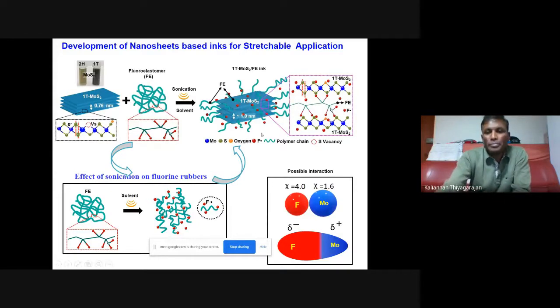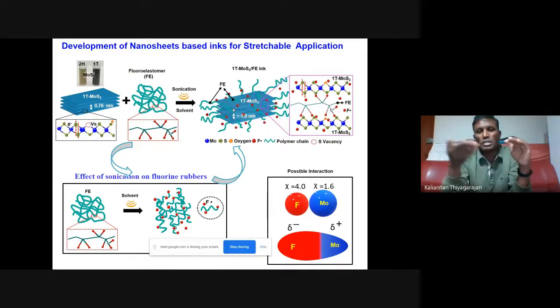Another thing is that the sonication is breaking down the polymer, and some of the fluorine rubber will come out of the surface of the polymer, and then that will be intercalated inside. It is like a notebook: you are just putting your hand inside the notebook in the middle.